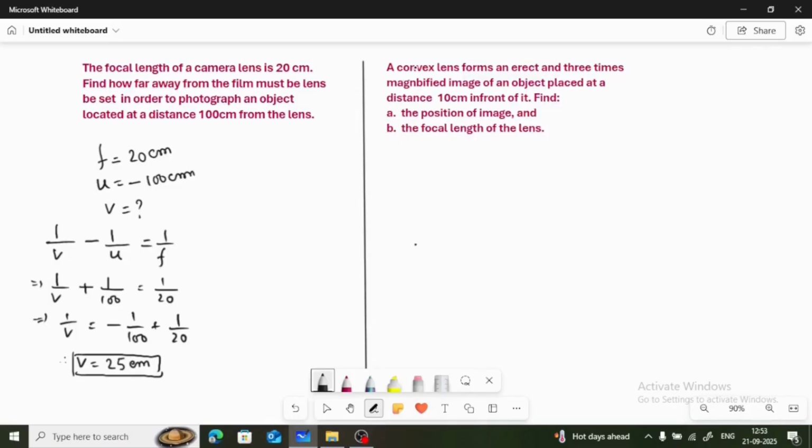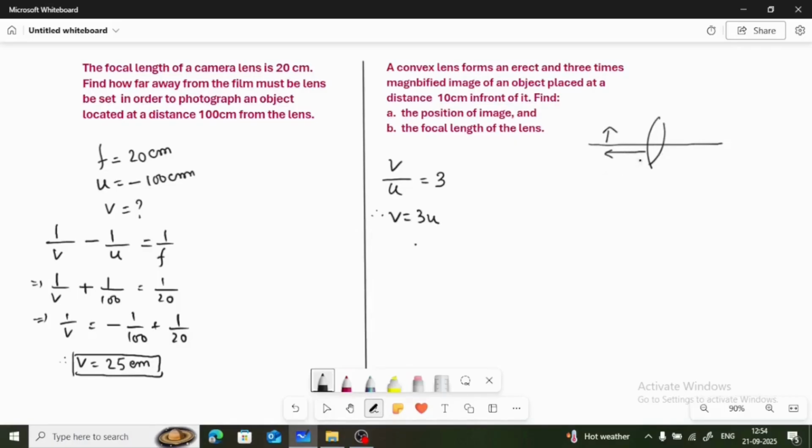So the convex lens forms an erect and 3 times magnified image. That means v by u equal to 3. So v equal to 3u, and it says the object is placed at a distance 10 cm in front of the lens.